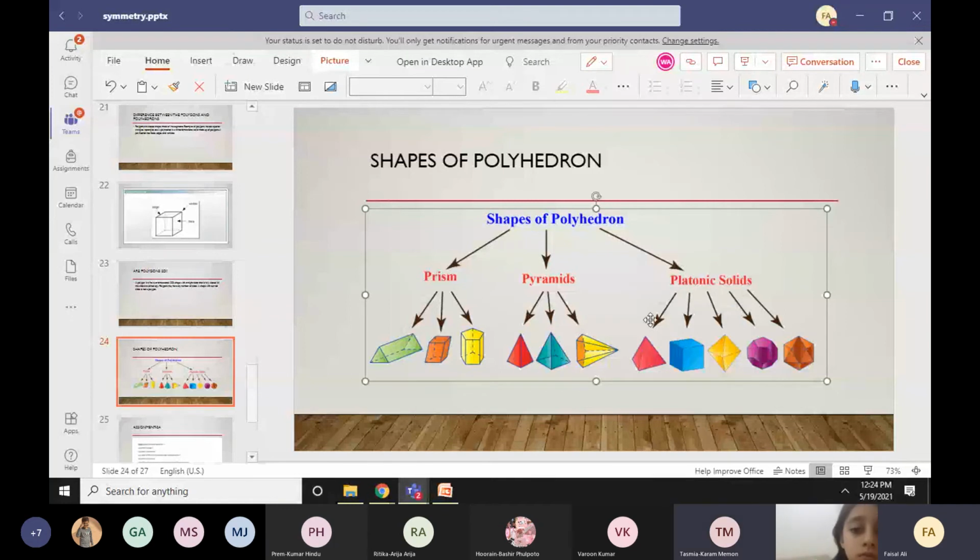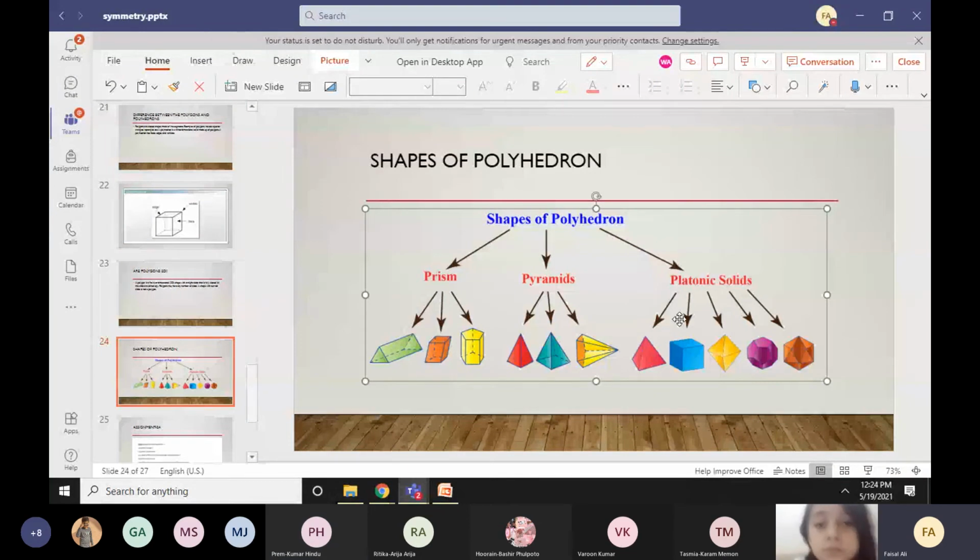Platonic solids are polyhedrons, 3D shapes, and we make a polyhedron with the help of polygons. That means there will not be a curve, a circle or an oval shape, in a polyhedron, because these are made up of polygons, and polygons have only lines.